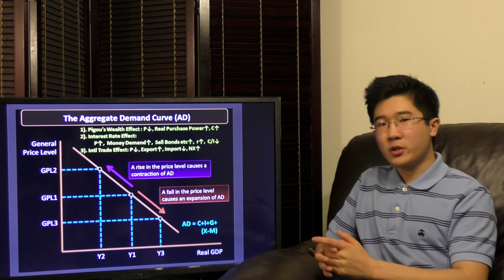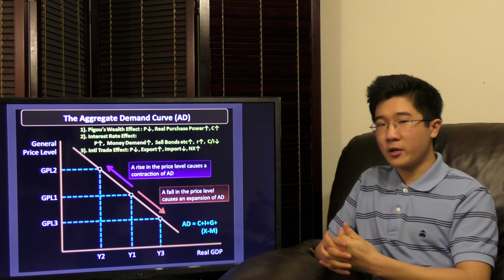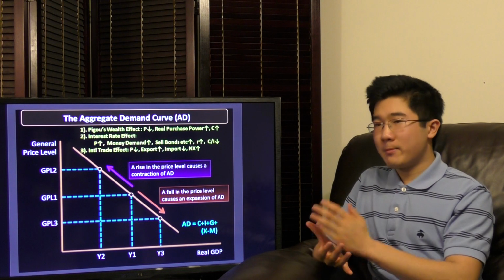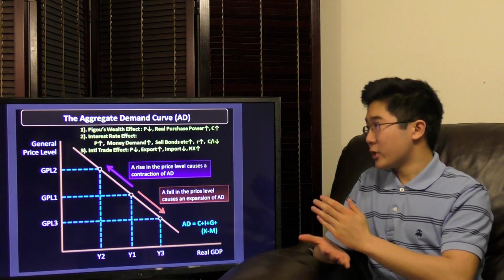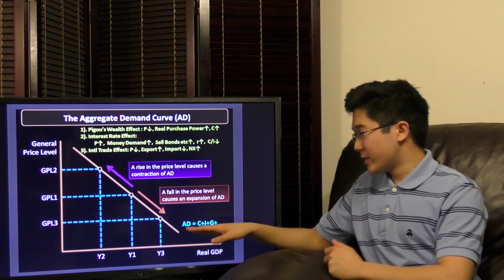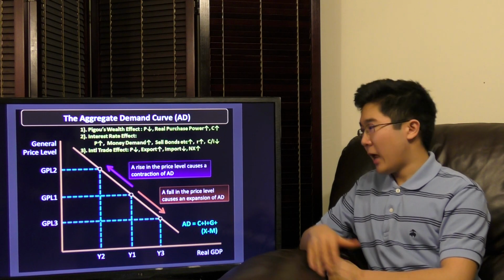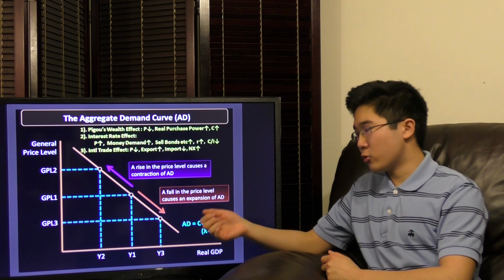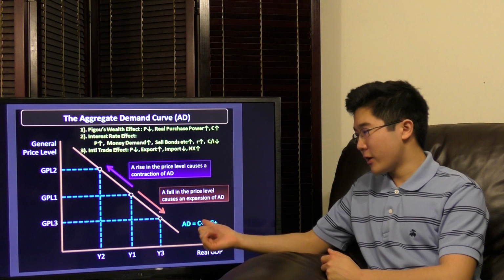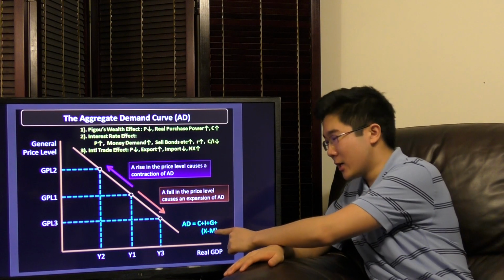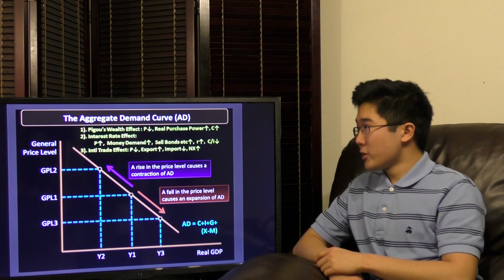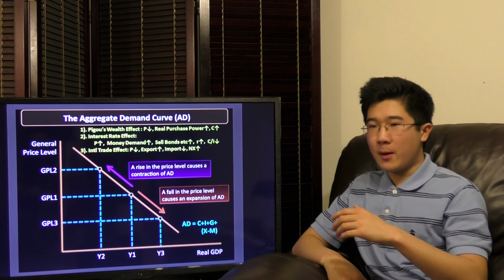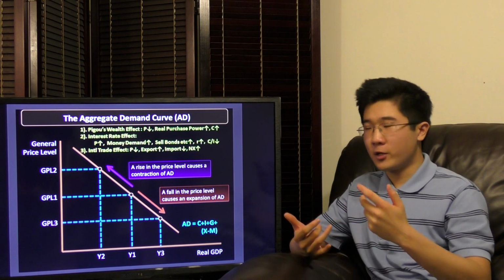And as interest rates increase, we can conclude that consumer spending, but more importantly, investment spending, decreases. So this affects the C and the I in our aggregate demand formula. Aggregate demand equals total consumer spending plus total investment spending plus total government spending plus net exports, which are exports minus imports. So for the interest rate effect, if price goes down, the opposite is true: money demand goes down, etc.